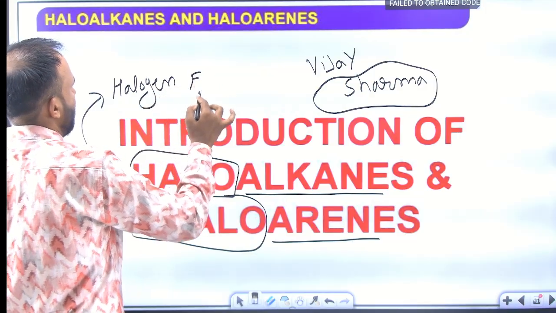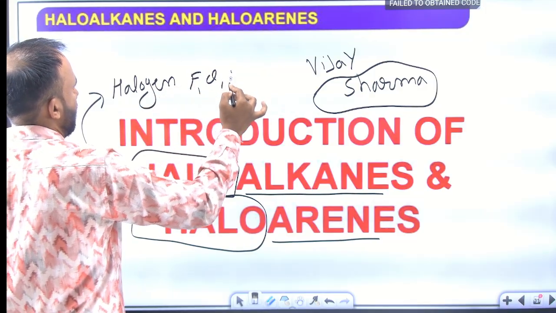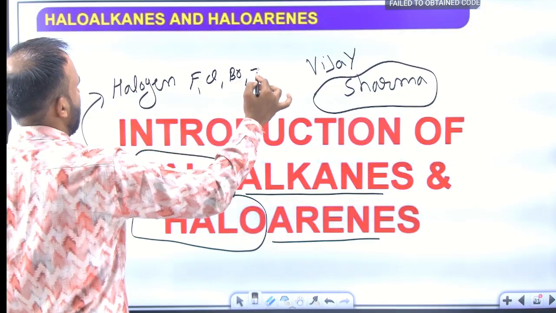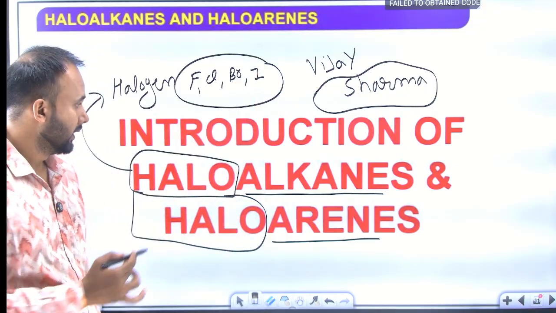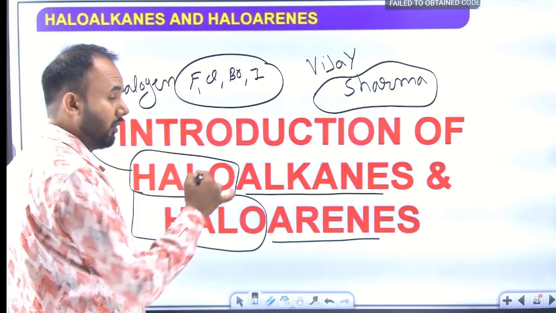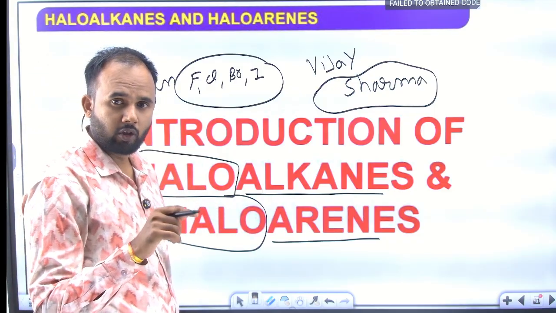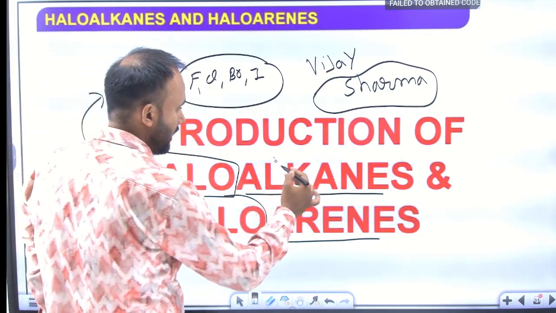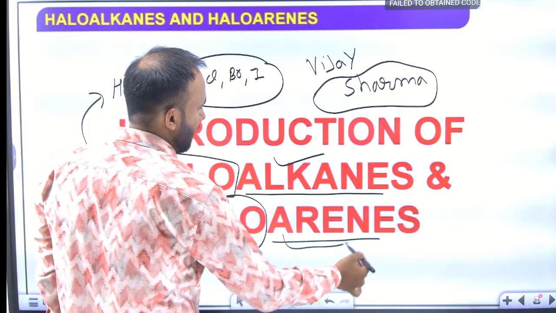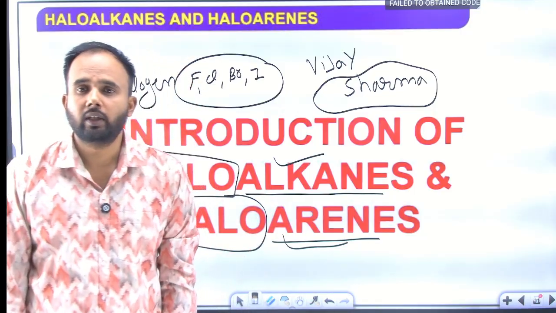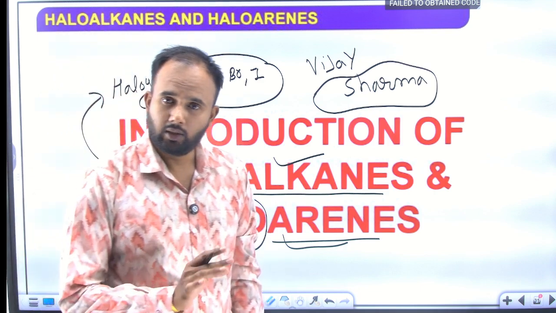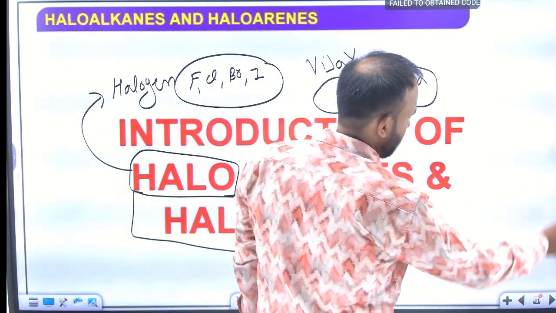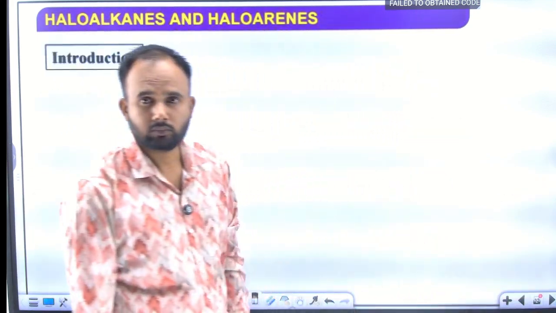And what halogens do we have? Fluorine, chlorine, bromine, iodine. These are the members of the halogen family. If a member of the halogen family is attached to any alkane or any arene, it is known as haloalkane and haloarene. Got it clear? Okay, now we go to the next thing.